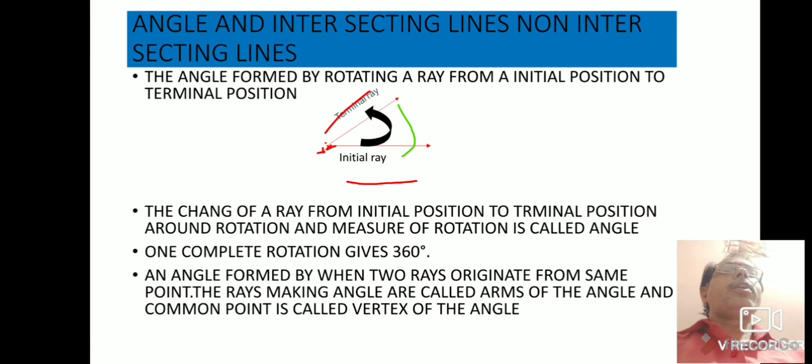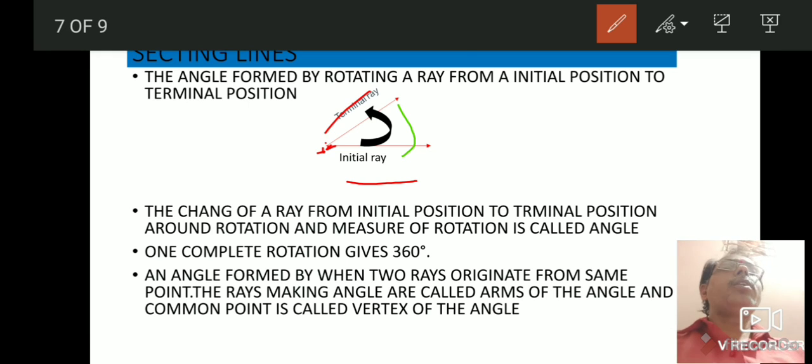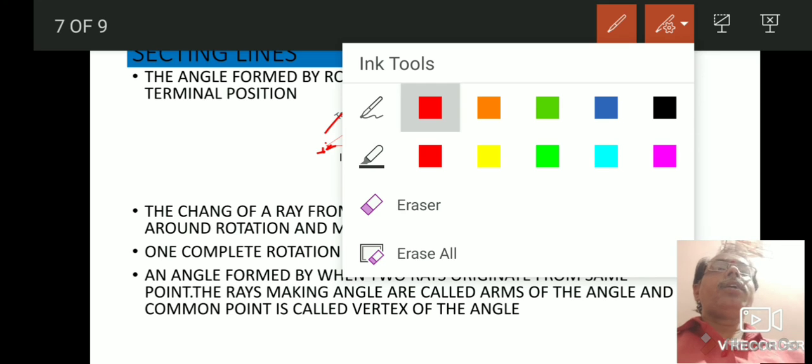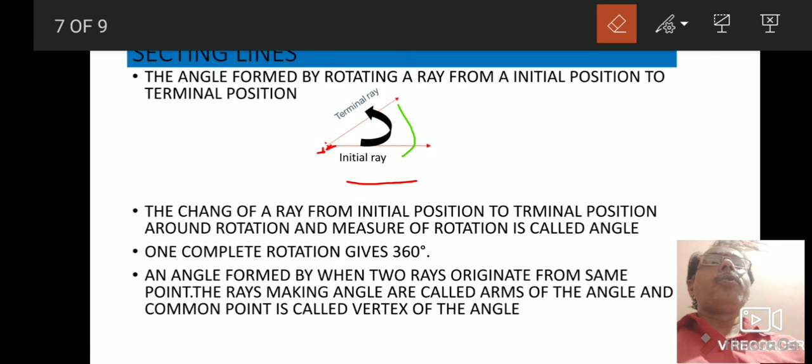Okay children, in this definition we have an important thing here. Two rays originate from a single point, so the ray starts from the first point and ends at the second position, that is the terminal position. So this rotation is measured, and that measured rotation is known as an angle.